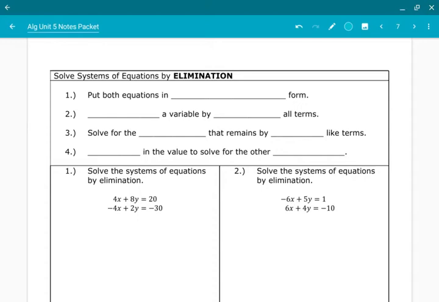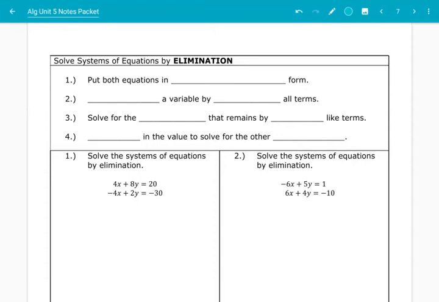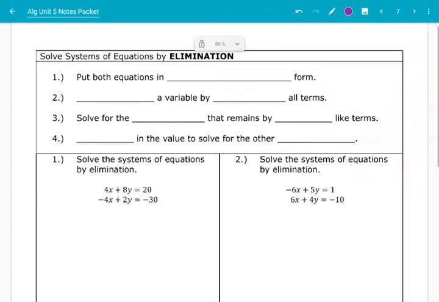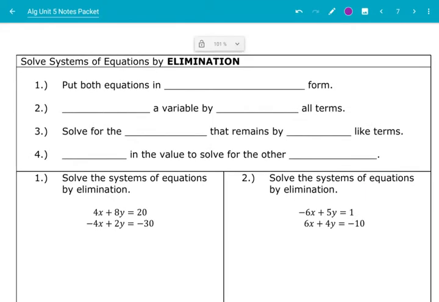So let's get started. Here it is. Solve systems of equations by elimination. Alrighty. So we start by putting both of our equations in standard form, which is ax plus by equals c.